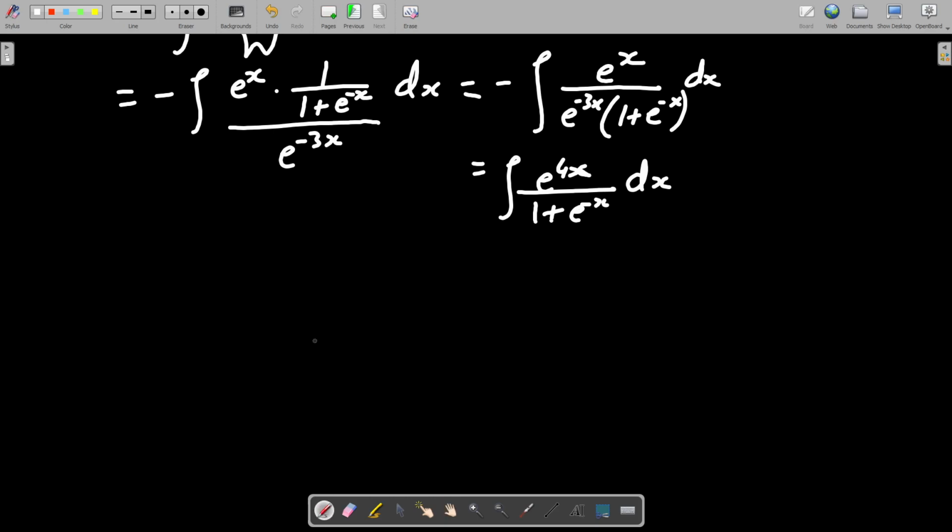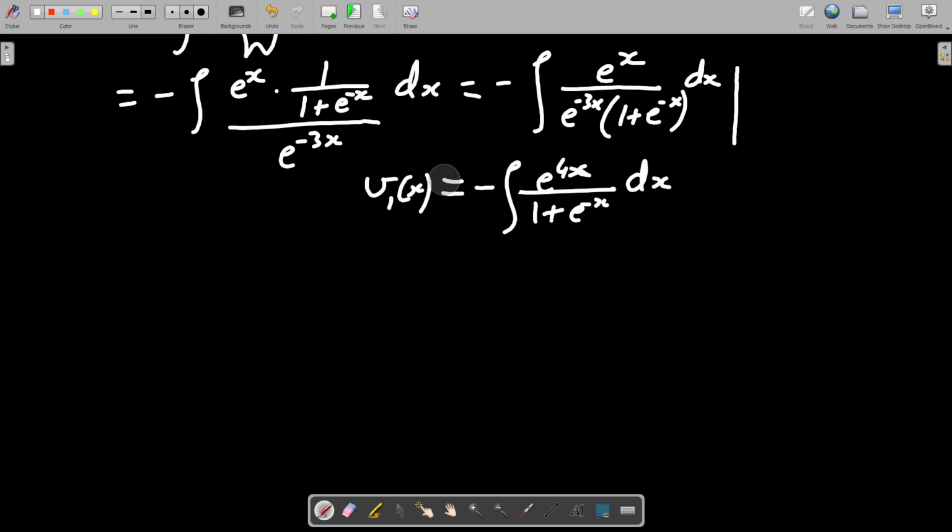Now we will have to deal with this integral over here. There is a minus sign here outside. So this is your v1 of x.